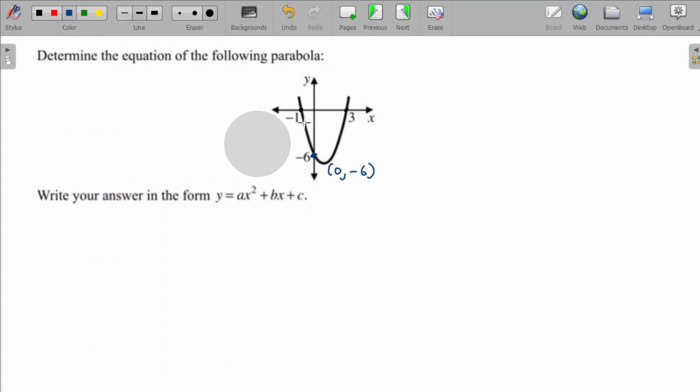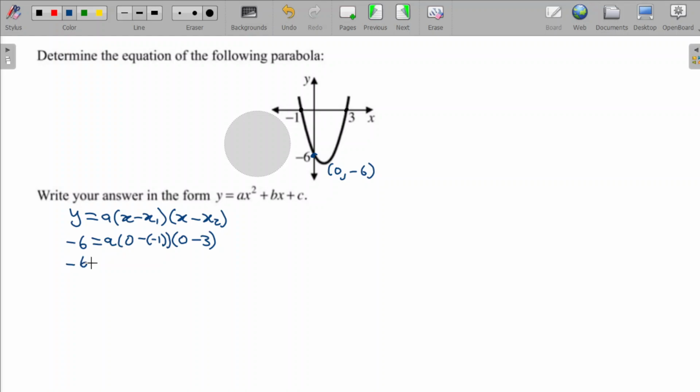So we use y = a(x − x1)(x − x2). Now let's substitute. The point in the graph is negative 6, so negative 6 = a(0 − (−1))(0 − 3).